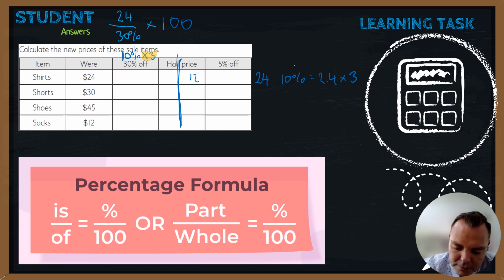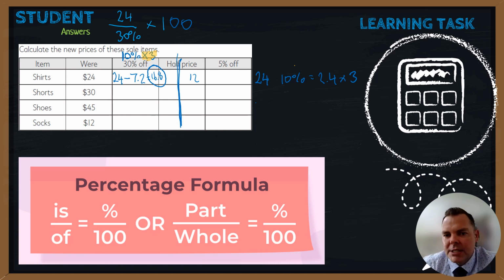So I then take $24, and I would encourage you to always make sure you're working down there. $24 minus 7.2 equals $16.80. So $16.80 is my first price. And I'd encourage you to always circle your answers to make it easier for the marker.